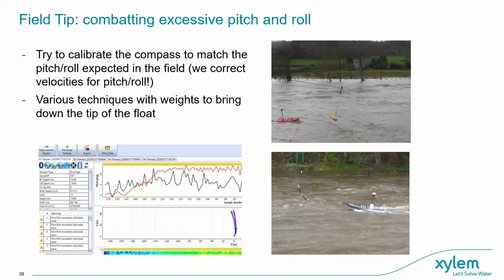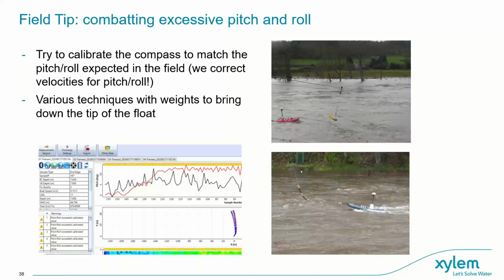So when you're actually doing your compass calibration, you want to make sure that you calibrate to at least the pitch and roll that you're expecting when you actually take your measurement. And this is really to correct for any heading errors in the compass. So if you exceed the pitch and roll, then you might start getting some heading errors. So that's something, first off, to keep in mind. So just make sure that you calibrate it to the expected pitch and roll that you're going to see.